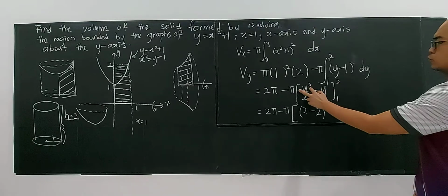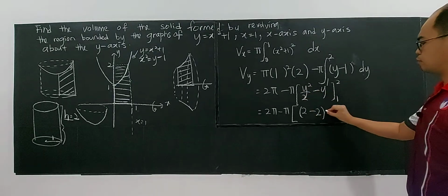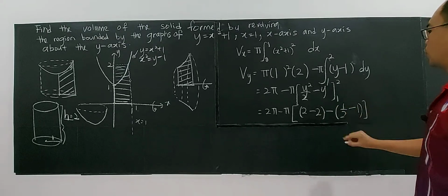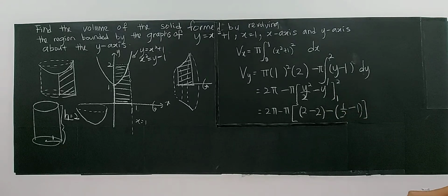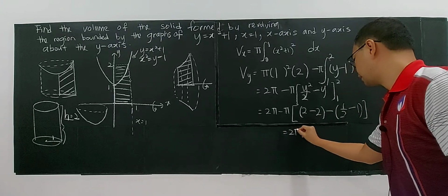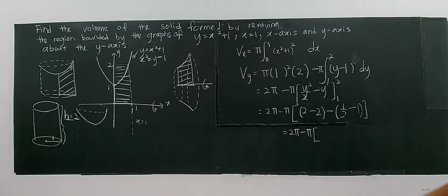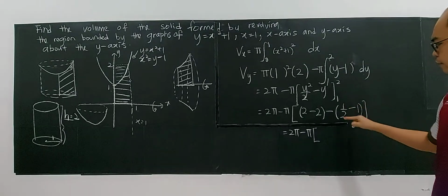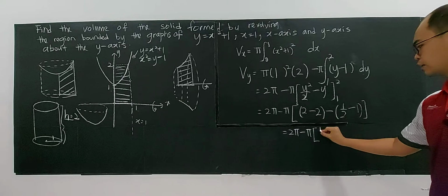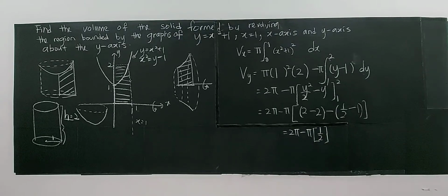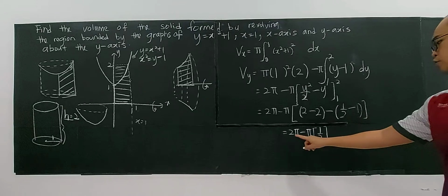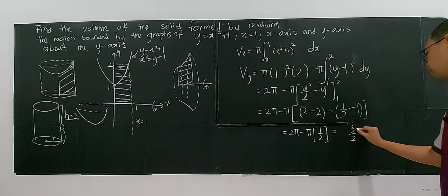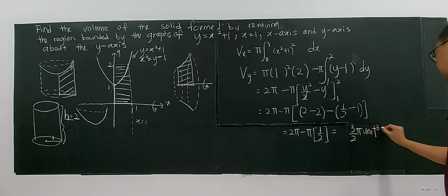Minus away, for 1: 1 over 2 minus 1, which is negative half. Negative half with the minus sign in front gives positive half. So finally, rearranging: 2 pi minus pi times negative half, so 2 minus half, you get 3 over 2 pi cubic units.